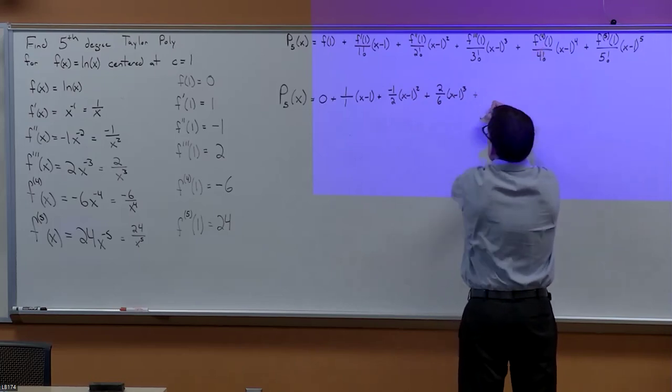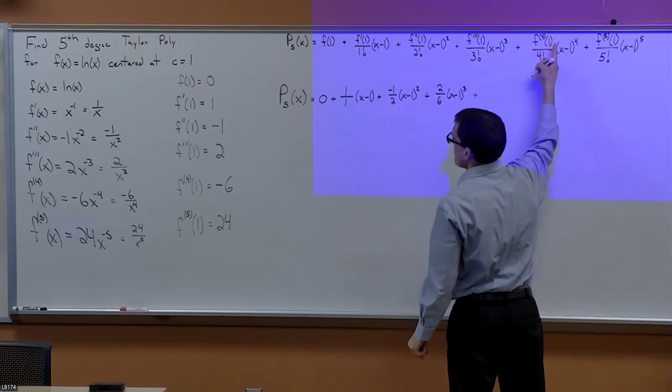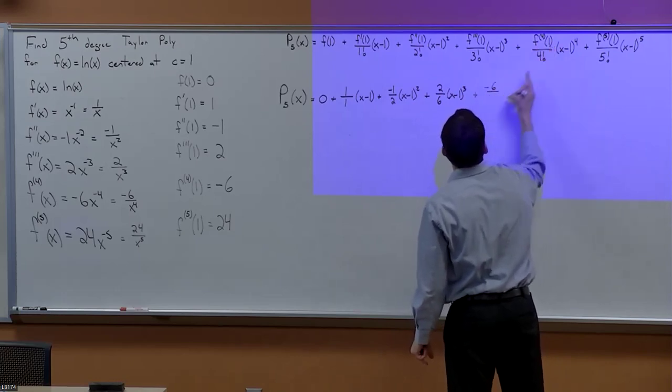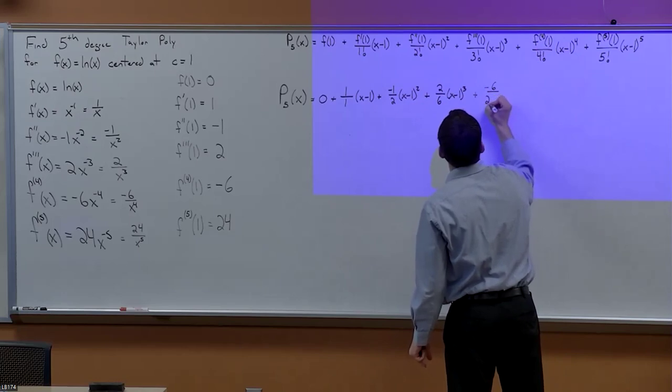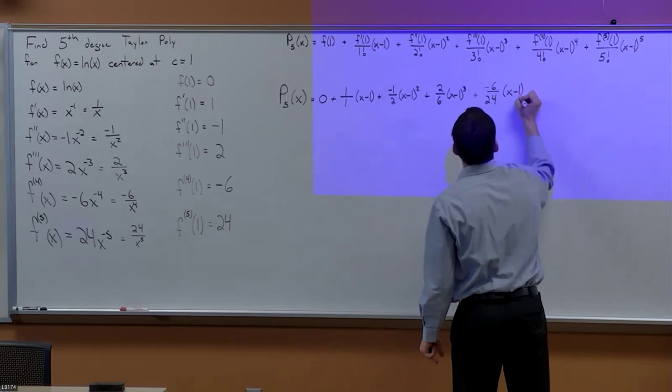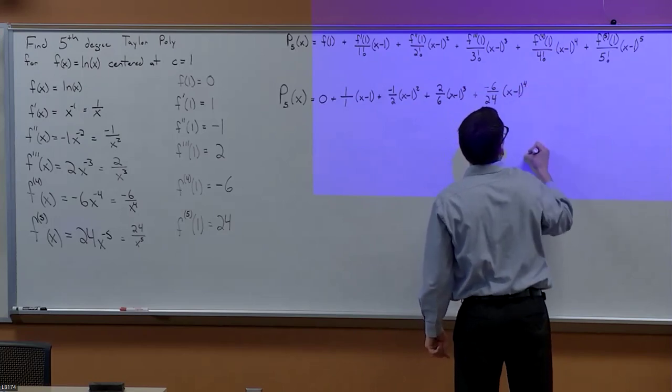Fourth derivative. When I plug in 1, I get negative 6 over 4 factorial, which is 24, times x minus 1 to the 4th.